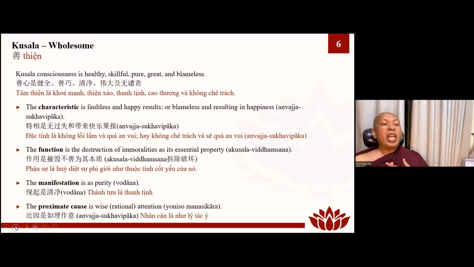Sometimes our minds are healthy. It will be faultless or blameless. It will produce happy results, or result in happiness. When we are skillful in doing good things, it will be blameless, faultless. It will produce happiness also.